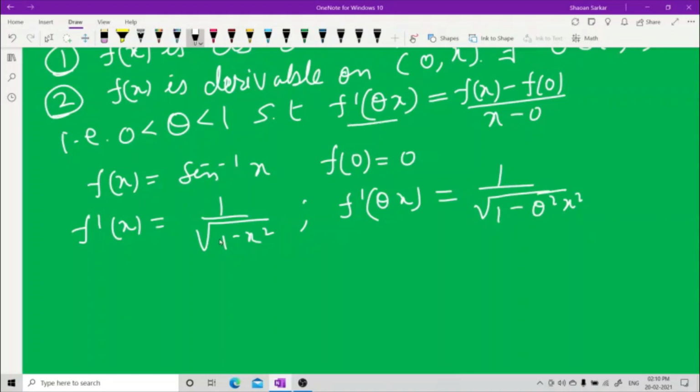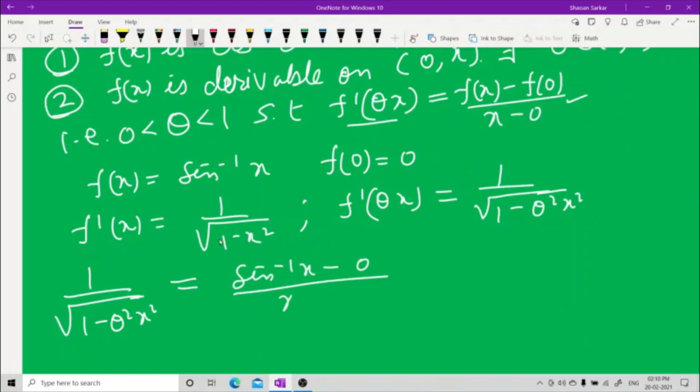Now put the values. 1 upon under root 1 minus theta square x square is equal to (sine inverse x minus 0) upon (x minus 0). This is nothing but sine inverse x upon x.